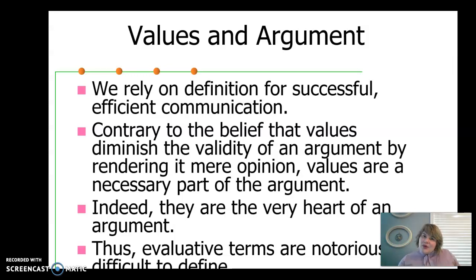So opinion's kind of a dirty word, but belief and value, that's where we're working. So for example, people who have families that work in the coal industry are going to value coal and coal mining. People who do not have families who work in the coal industry are not going to necessarily value coal and coal mining. And so there's going to be this clash between those two groups.